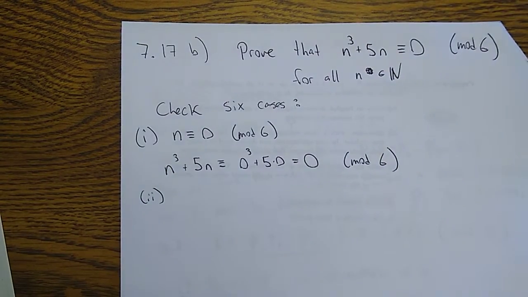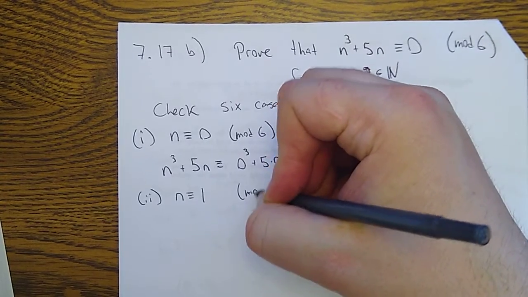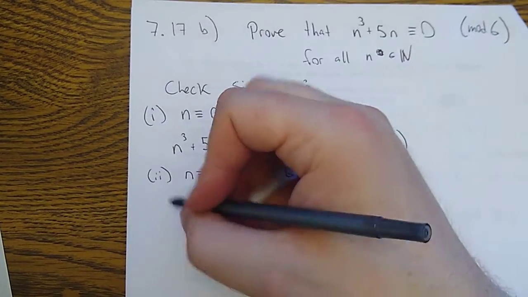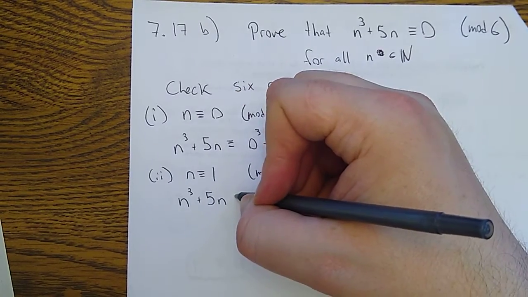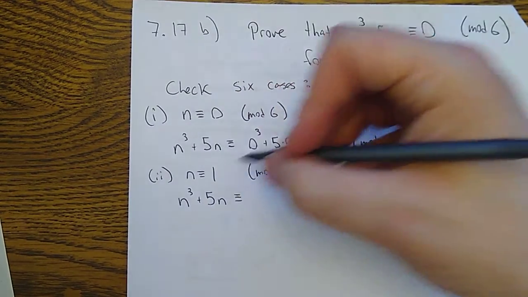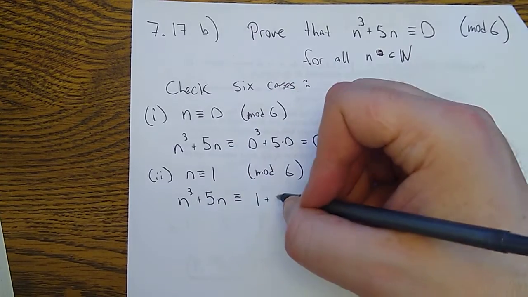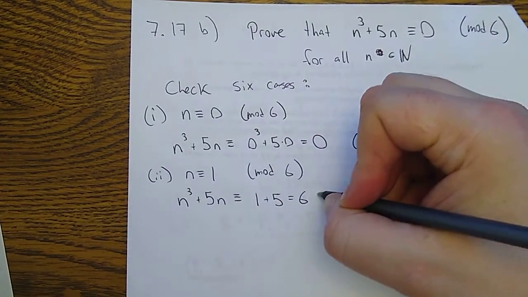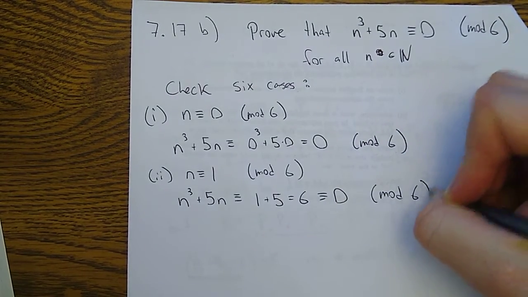Let me check case 2. n could be congruent to 1 mod 6, in which case n cubed plus 5n is congruent to 1 plus 5, which is 6, which is congruent to 0 mod 6.